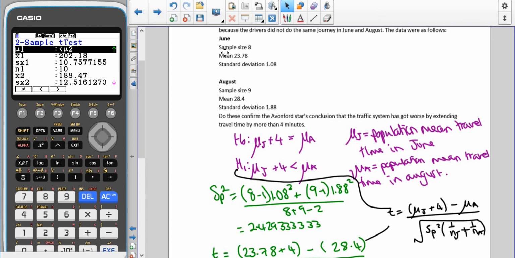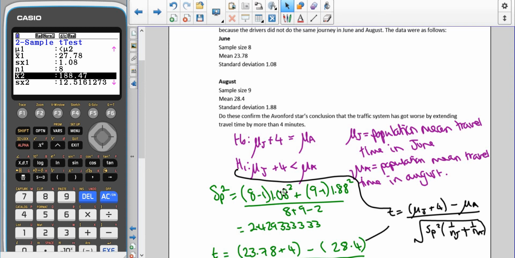Then typing in our data, remember that because we're adding 4 onto the June, we need to add 4 onto the mean for the June. So that's going to be 27.78. The standard deviation is going to be 1.08, and the number of pieces of data is 8.